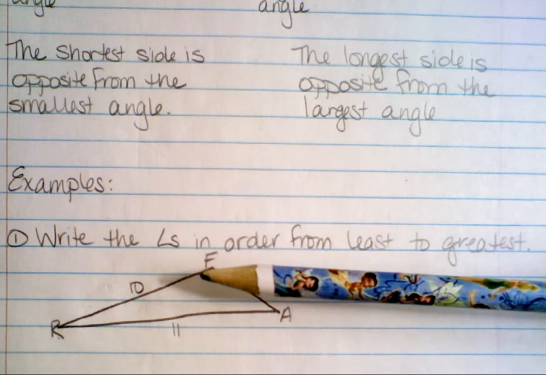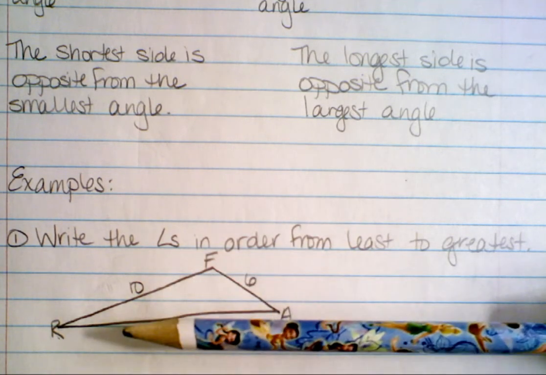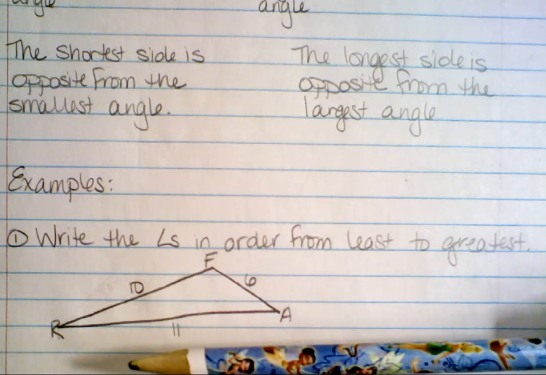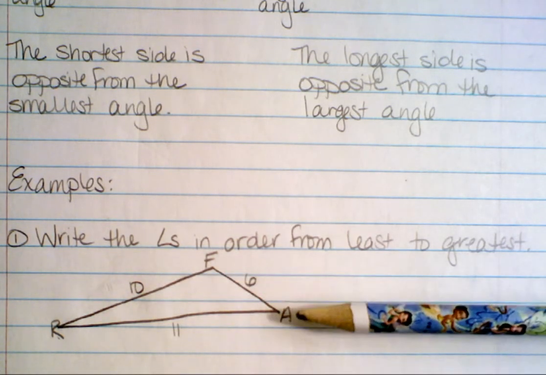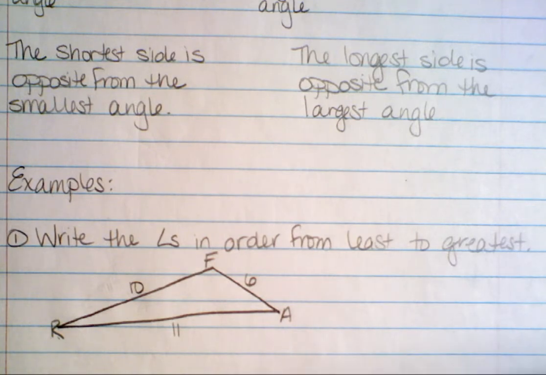So therefore, angle A, because it's opposite of FR, which is 10, the middle length, has to be the middle angle. Okay, so we can categorize angles based on the side lengths. We can also categorize side lengths based on the angles and know which one's larger than the other.